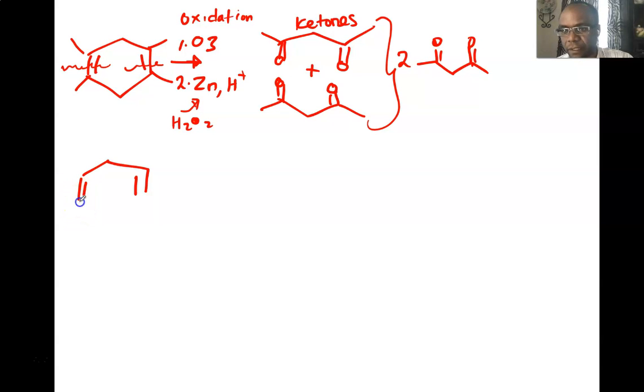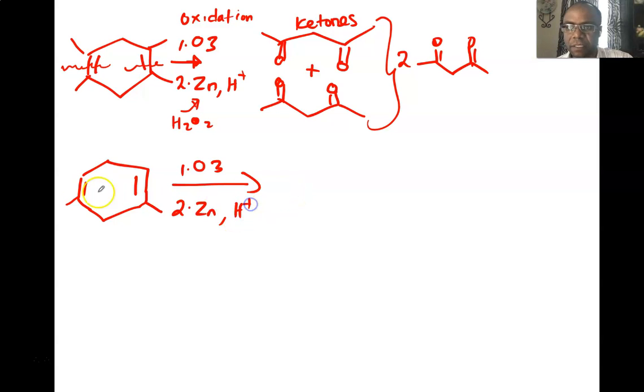So what if you had this molecule and we use ozone? Second step, you're using the mild oxidant zinc. Again, shortcut, cut it across. Okay, you get oxygen there, and then this bottom part will have the 2 oxygens down there.